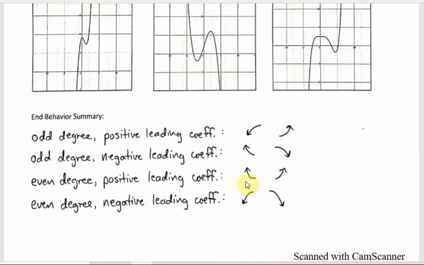It looks like y equals x squared, where you've got up on the left, up on the right. But if you have a negative leading coefficient, like y equals negative x squared, then both ends are going to point downward. So that's like a parabola opening down. So at least with the even degree, we can tie it back to the last chapter and say, oh, it works basically like that. And that's true. It does.